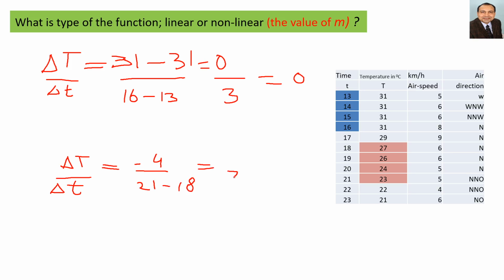So this is 3 and this is -4, so this is -1.3. So the variation here is 0; the average rate of change is 0. Here the average rate of change, or the temperature decreases, at an average rate of 1.3. So the slope is not constant, not uniform.